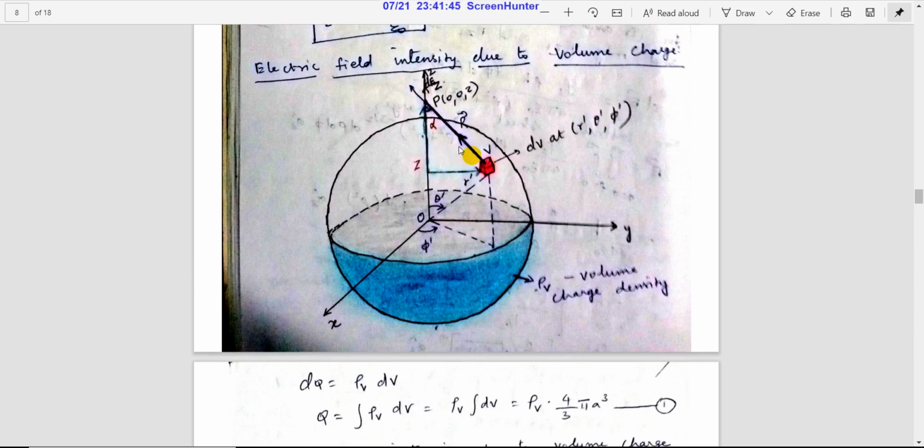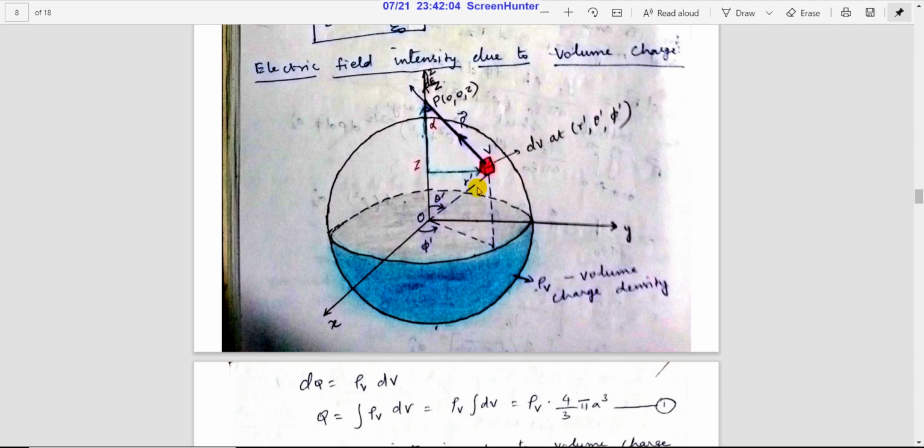If you want to have a triangle like this, this triangle may be constituted from the particular R vector from the Z axis to this particular differential volume.